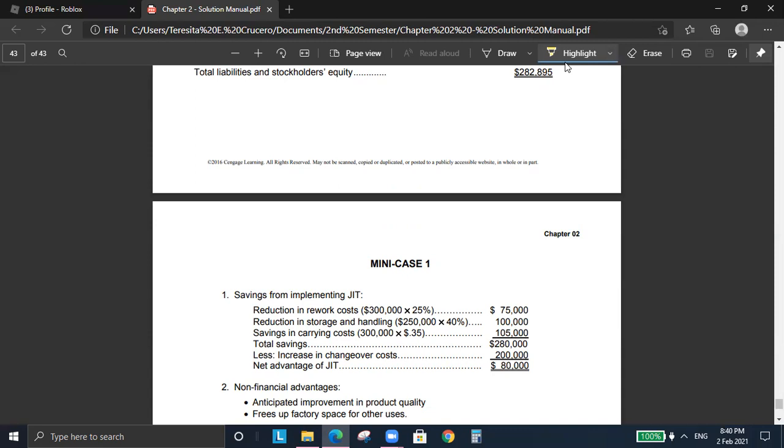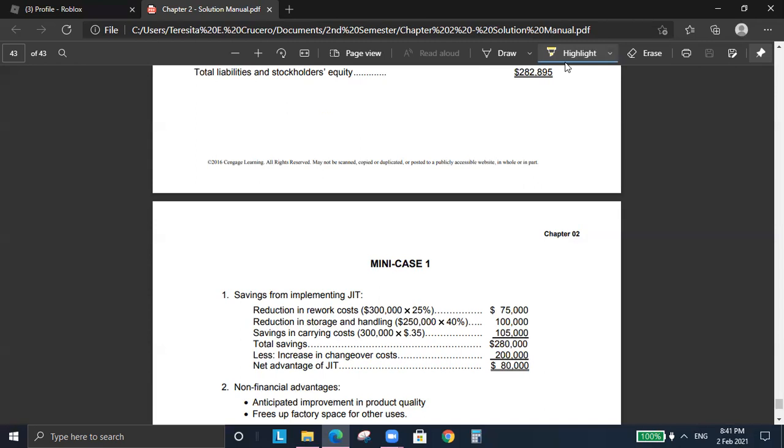The quality advantages of JIT should reduce current rework costs of $300,000 by 25%. Material storage, handling, and insurance costs of $250,000 would be reduced by an estimated 40%, and the average inventory is expected to decline by 300,000 units, and the carrying cost per unit is 35 cents.